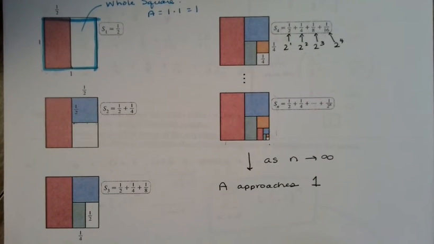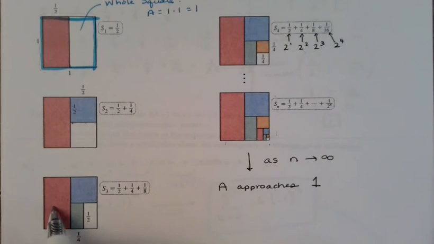Notice down here we have our third sum. We have the 1/2, we have the 1/4, and then we have 1/2 of the previously unshaded area. 1/2 of a 1/4 would be 1/8. And so the total shaded area now is 1/2 plus 1/4 plus 1/8.